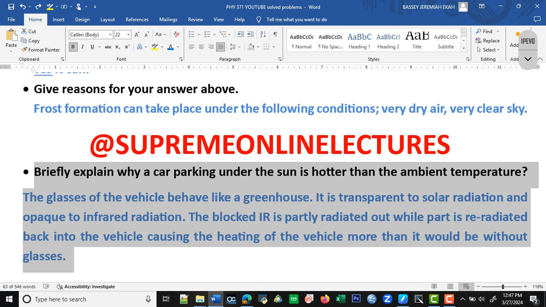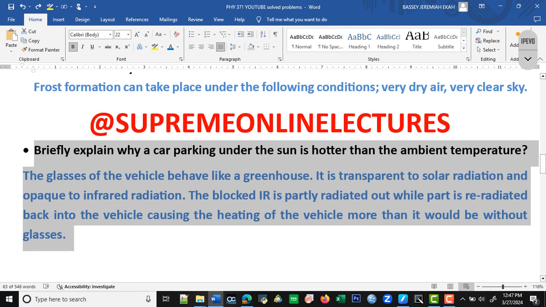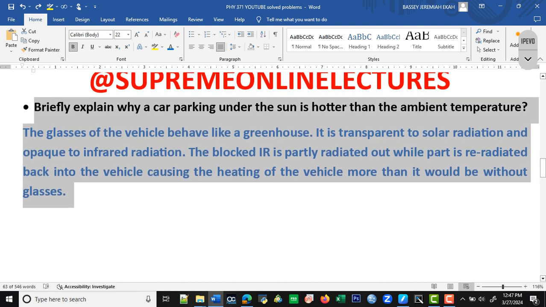The blocked infrared is partly radiated out while part is re-radiated back into the vehicle, causing the heating of the vehicle more than it would be outside. So that's the solution to that question.